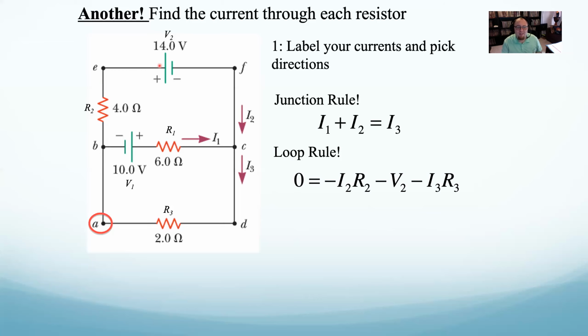I'm going the wrong way on this battery, so this is also negative. Keep going. And then I pass over all three, but all three, I'm going with the current, so this is negative I3 R3. And there's my equation. I started for my second loop to do this one.